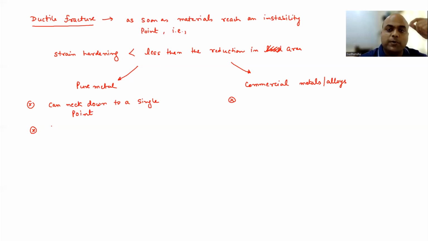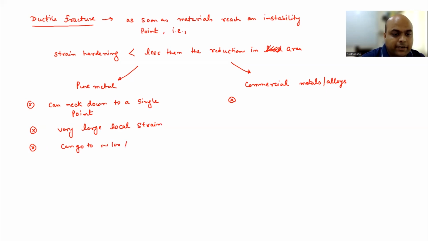That means you are going to have very large strain in the neck region, right? So very large local strain. And the third characteristic is it can go to nearly 100% reduction in area.